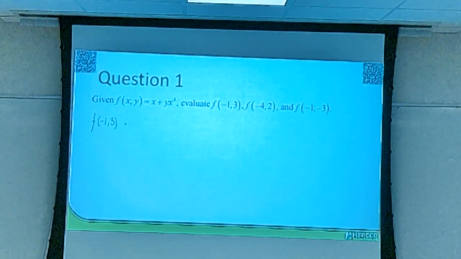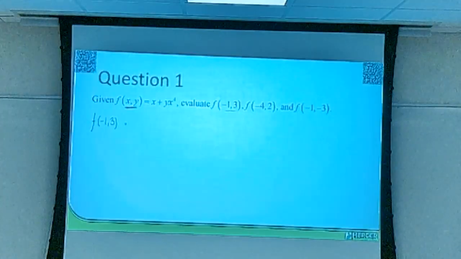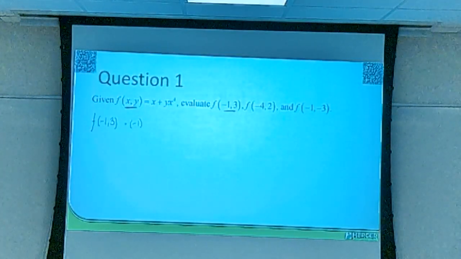Order matters. This is f of x, y, so you have to keep the same order. So what we'll do, everywhere there's an x, plug in -1.